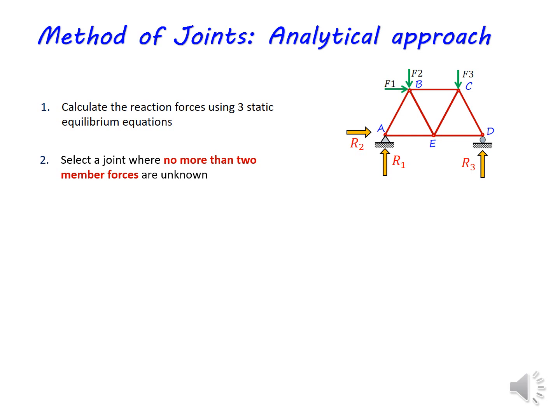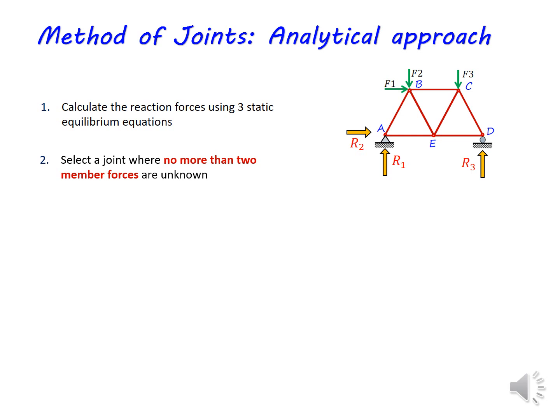So if we consider the joints A, B, C, D and E in this truss, let's take joint A. How many unknowns are in this joint? If I consider the total number of forces, there are two reaction forces and two member forces from AB and AE.